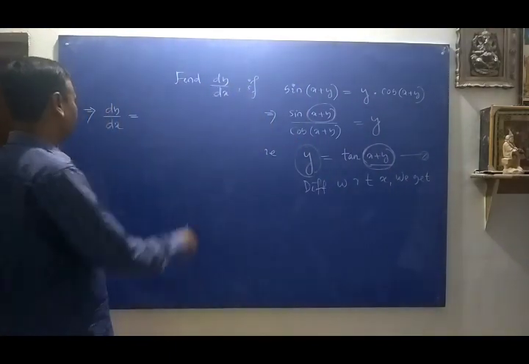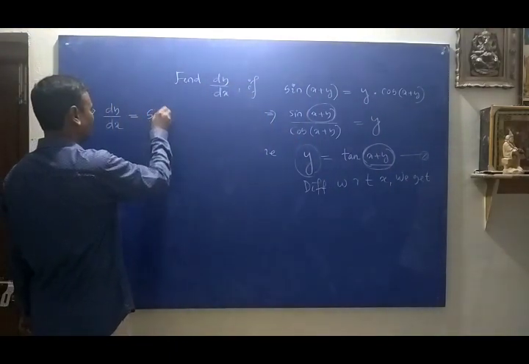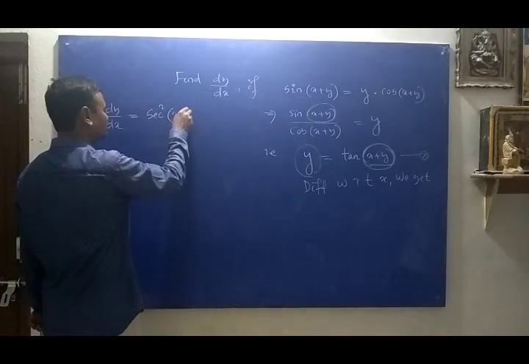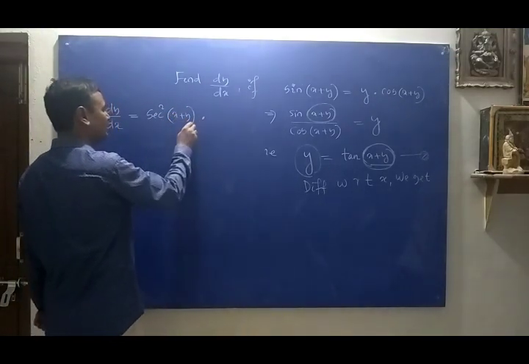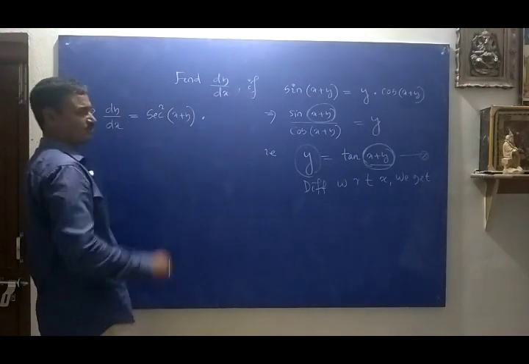What is the derivative of tan x? Sec square of x into the derivative of x. So the derivative of tan of x plus y is sec square of x plus y into the derivative of x plus y.